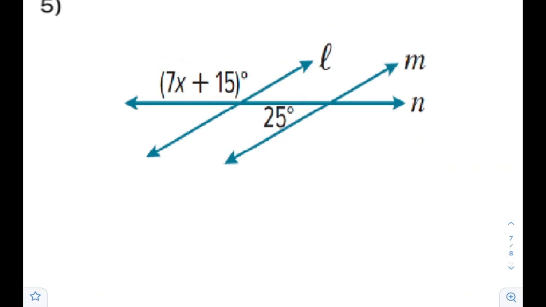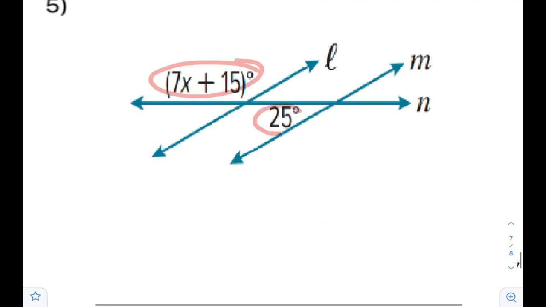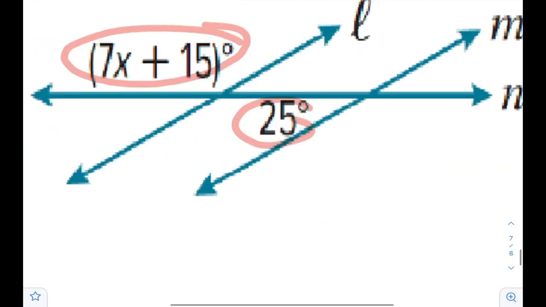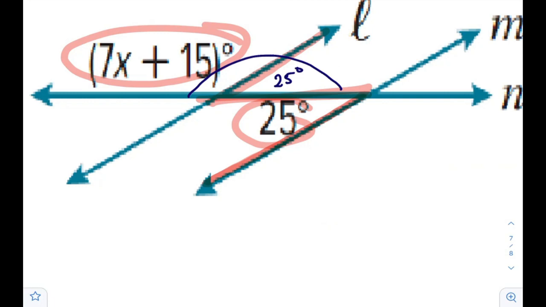Okay, what about this question? Can we find a direct relation between this angle and that one? Actually, no. This angle is an alternate interior angle with that one. So this is 25 using the alternate interior angles theorem. And similar to what we have done now, these angles form a line.